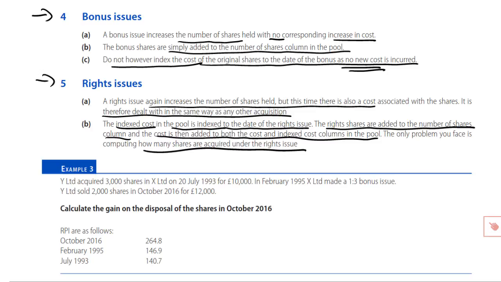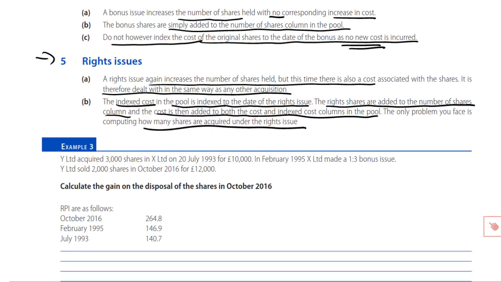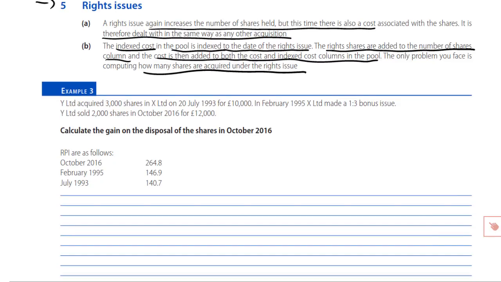So here in example 3, we have got a little bonus issue exercise. Calculate the gain on the disposal of the shares in October 16. What are we told? Y Limited sold 2,000 shares in October 16 for £12,000. So we need to know how and where they were acquired.